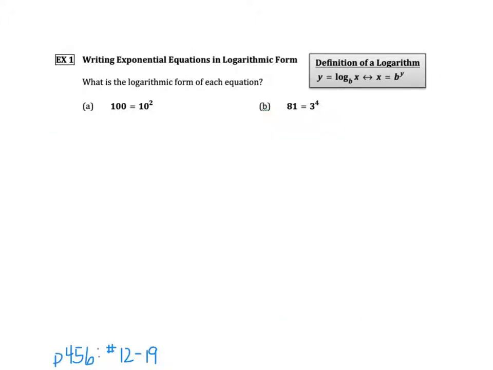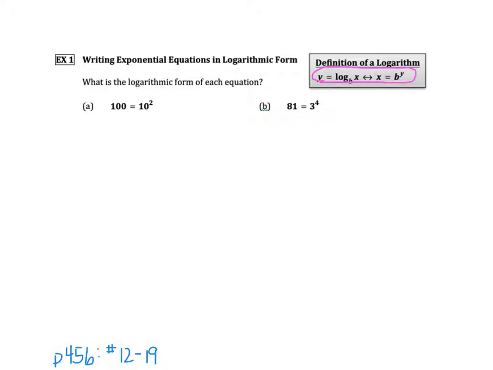The first thing we're going to do here is practice using our definition of a logarithm and going back and forth between writing a logarithm in these two different ways. It's important for us to be able to go back and forth between the two. And I think one of the things that helps us do this is to label the parts of the equation or expression that we're given.